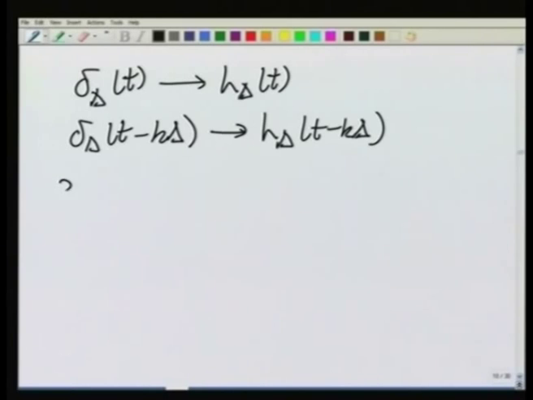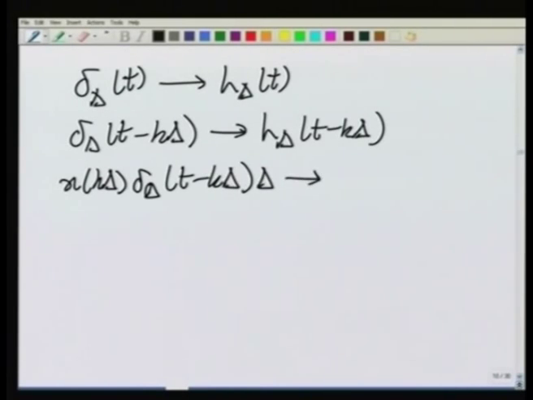And finally, if you applied x(kΔ) δ_Δ(t - kΔ) times Δ as the input, and this as we know is just nothing but x_kΔ(t), then we would get appropriately x(kΔ), the scale factor, h_Δ(t - kΔ) times Δ as the output.